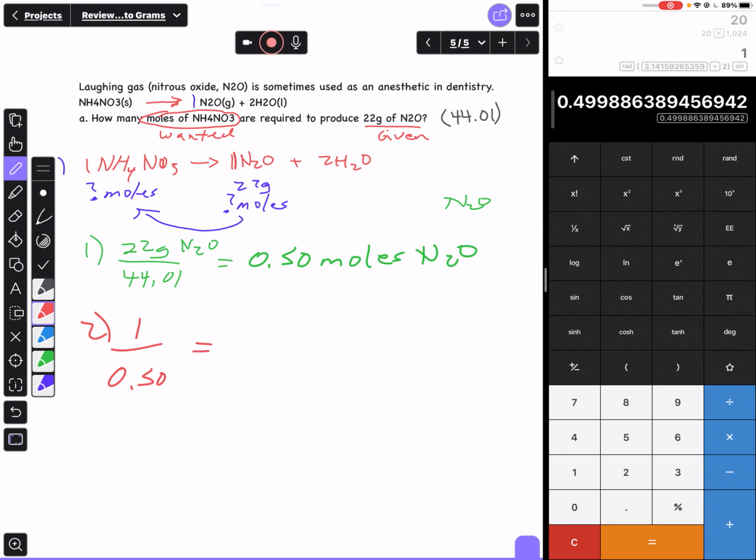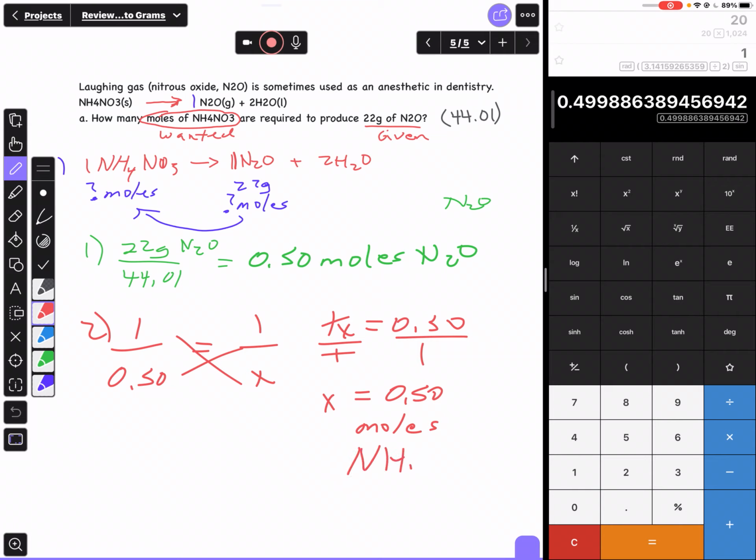The coefficient for it is a 1, and I'm looking for the moles, which is going to be my X. Now I'm going to cross multiply, and I get 1x equals 0.50. Divide both sides by 1, and my x is 0.50. And now I went from moles of N2O to moles of my wanted, which was NH4NO3.